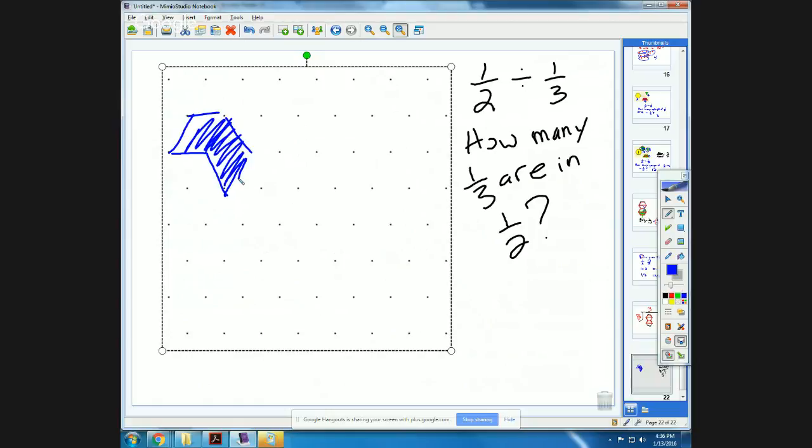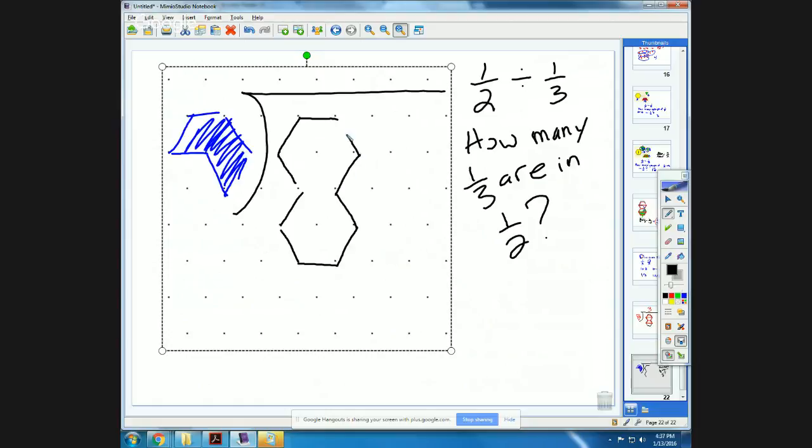And I want to see how many of those live in 1/2. Half would be 1 hexagon.